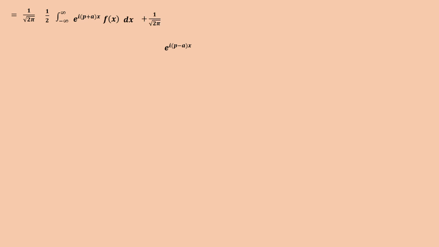Similarly in the second term, plus 1 by root 2 pi into 1 by 2 integral minus infinity to plus infinity e power i p minus a into x f of x dx, right?